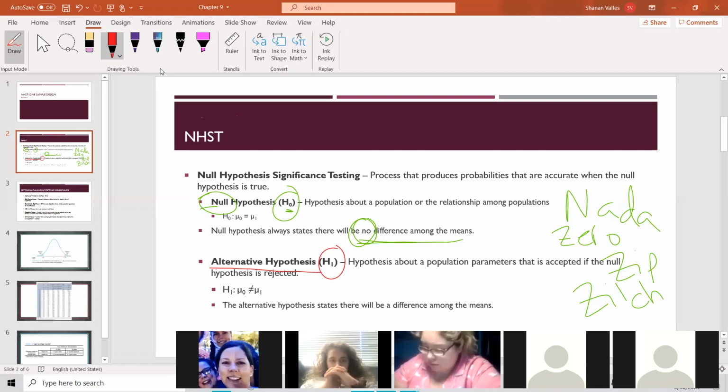So H1, the alternative hypothesis, again, I'm very used to calling it the research hypothesis, and I kind of like research hypothesis more because it states what it is, right? Alternative just sounds weird. Research hypothesis, it's what the researcher expects to find. It's what they're looking for.